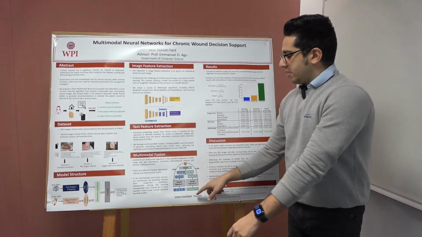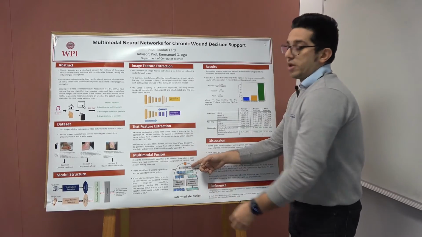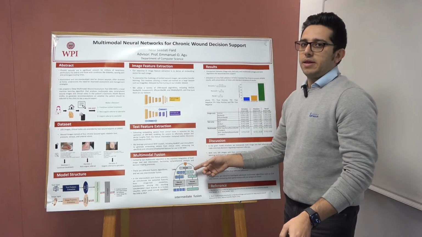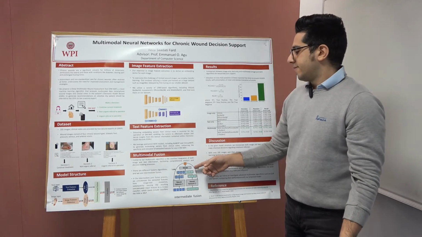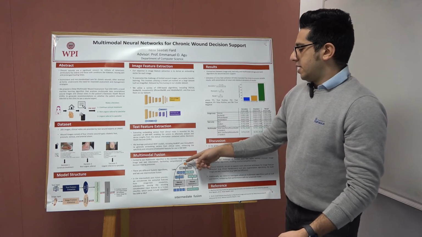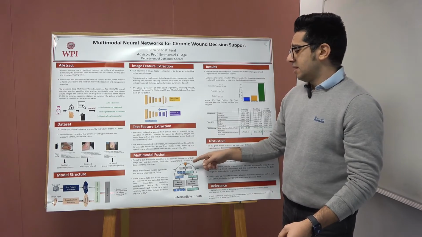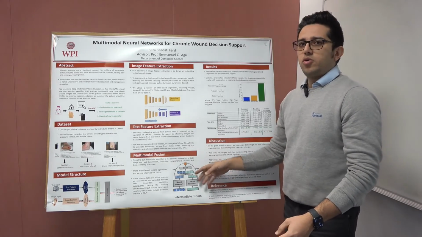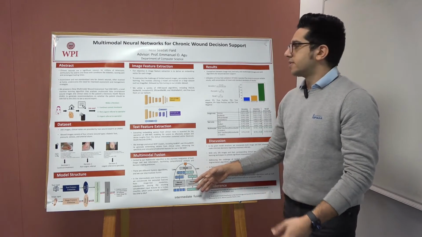By using intermediate fusion, we combine the extracted features here and pass them to the classifier. That can be, in our case, for example, a multi-layer perceptron or SVM. Then we do the classification. After classifying and seeing the label, we can backpropagate error to all parts of the model and train the model to reach a better result.